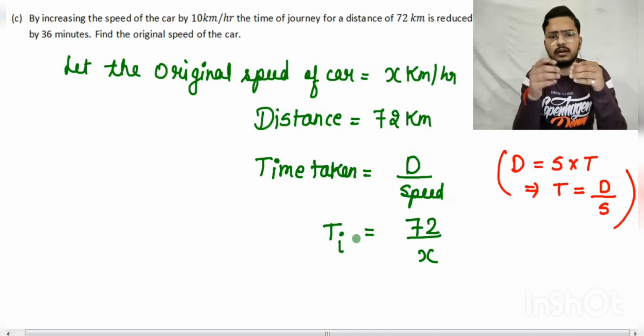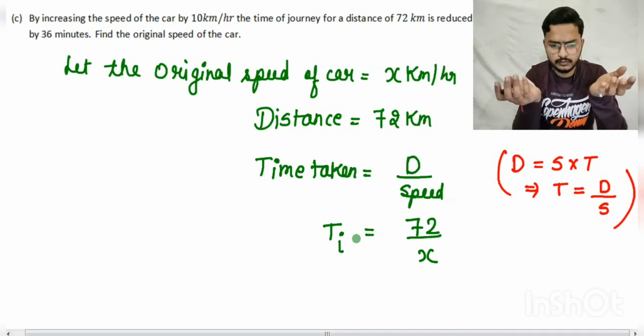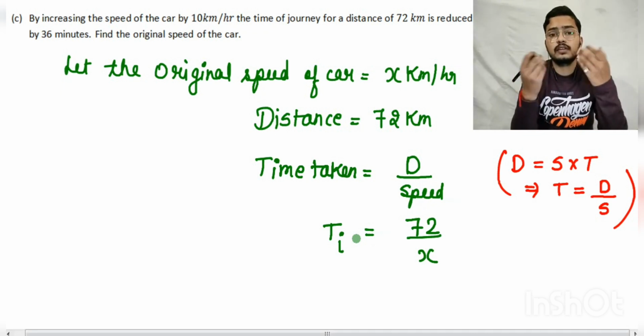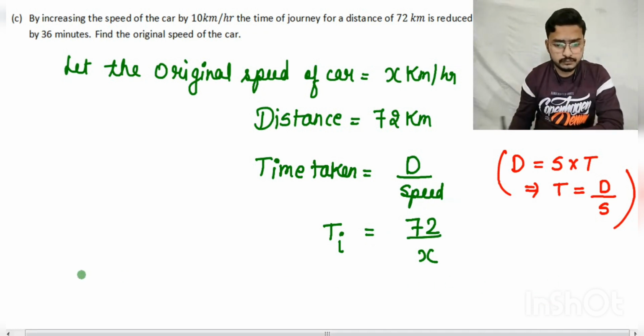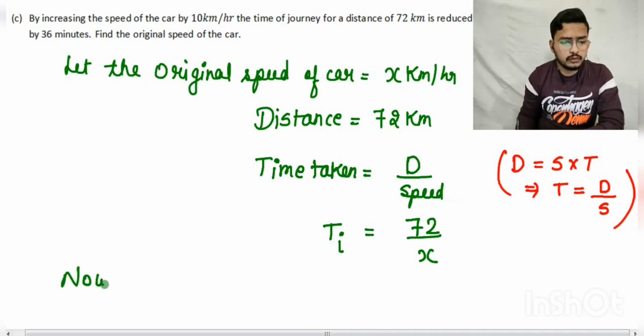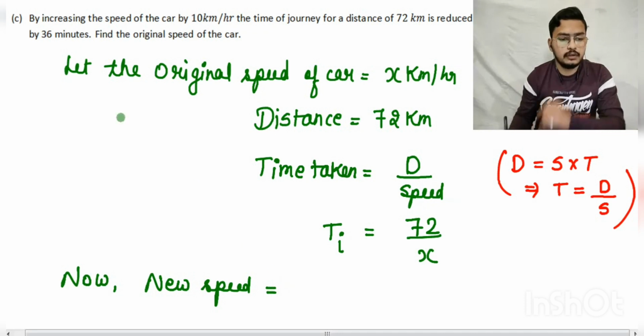Initial time is the original time, when the speed is only x kilometers per hour. Now, what is the question saying? The new speed of the car is going to be increased.